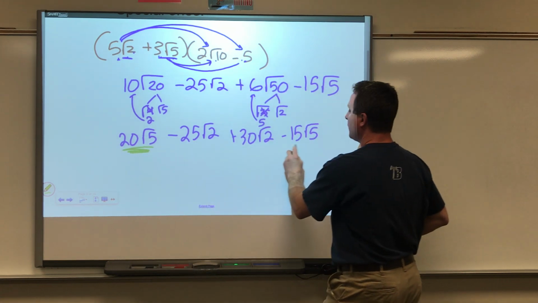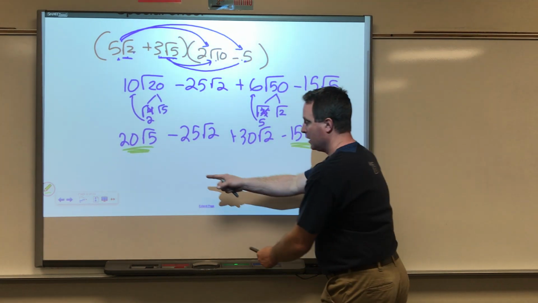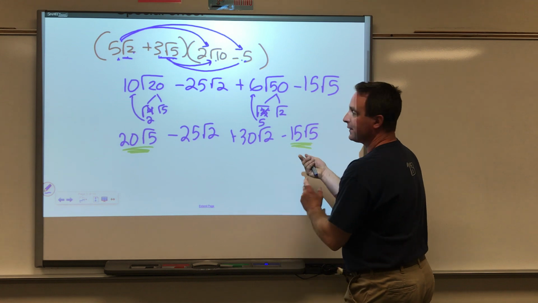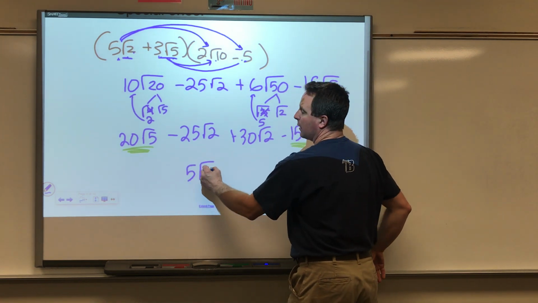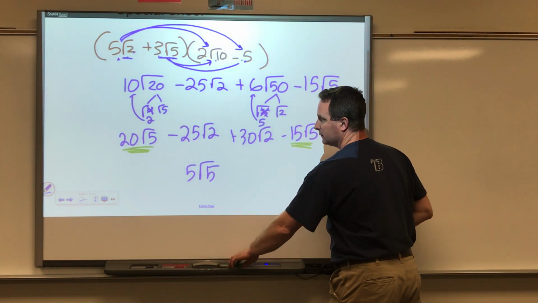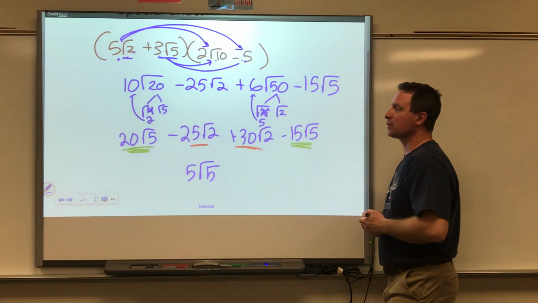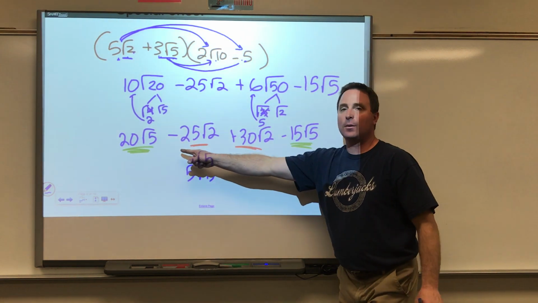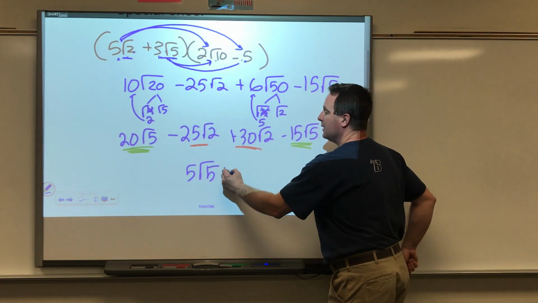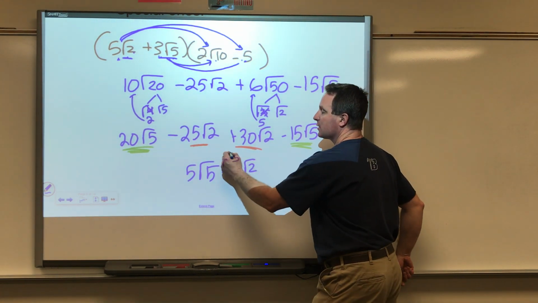I see some square roots of 5s. 20 minus 15 is 5 square roots of 5. And then these two guys are also like terms with the square roots of 2. Negative 25 plus 30 is plus 5 square roots of 2.